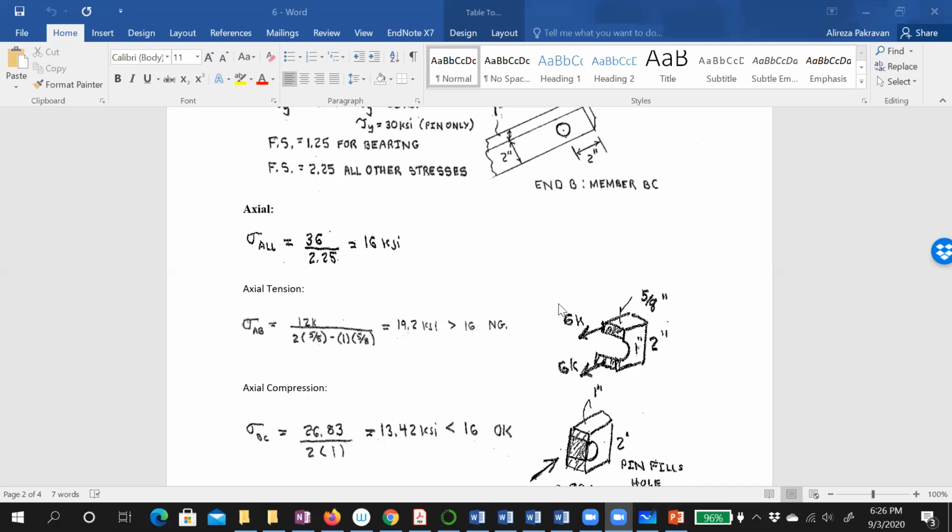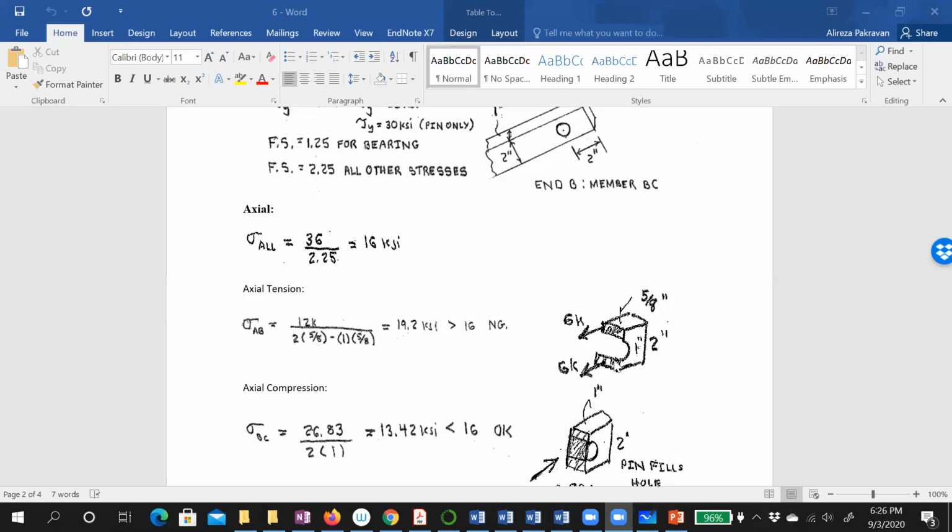Professor? Yes. How come we don't use the 1.5? Use the 2? Say that again. You do 2 times 5/8. The 2 is because the total is 2. How come you don't use the 1.5? 1.5? Yeah. Why 1.5? From the center of where the hole is. The hole is 1 inch, this dimension.